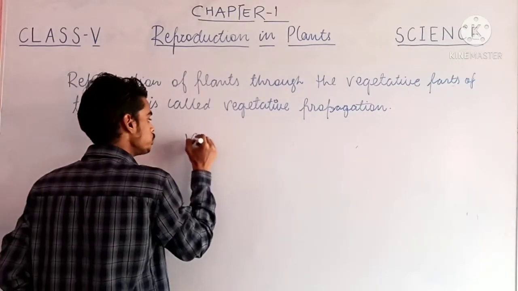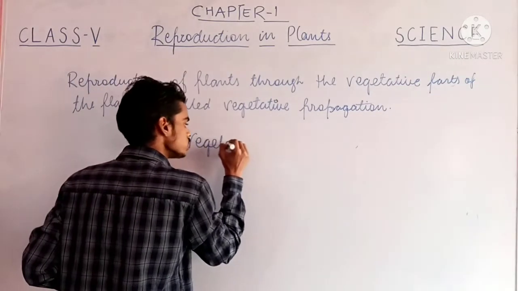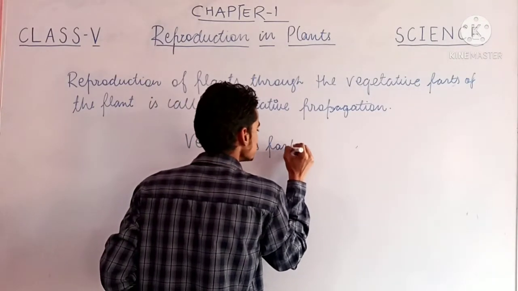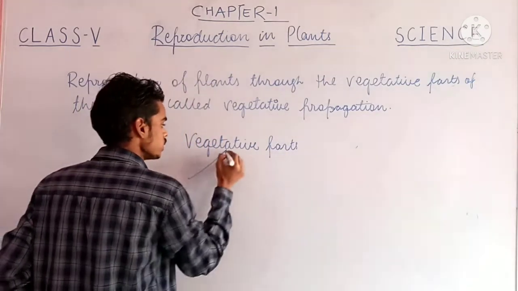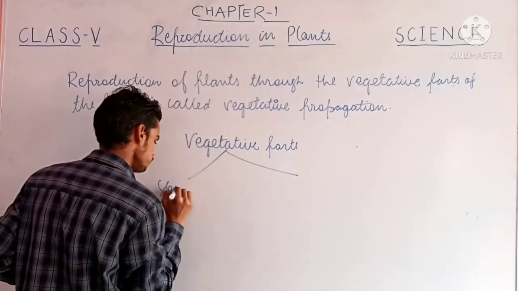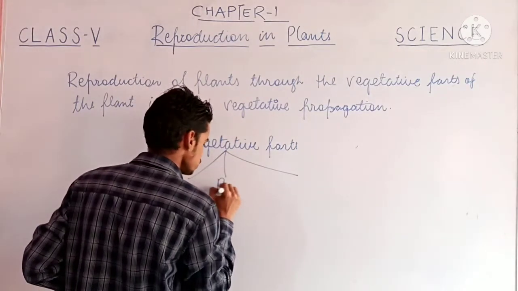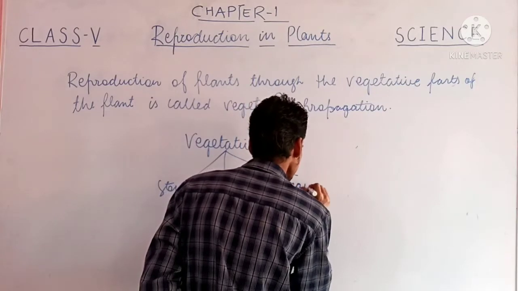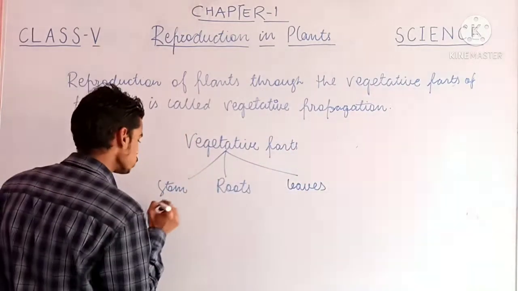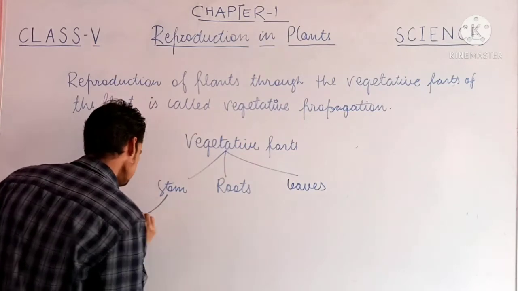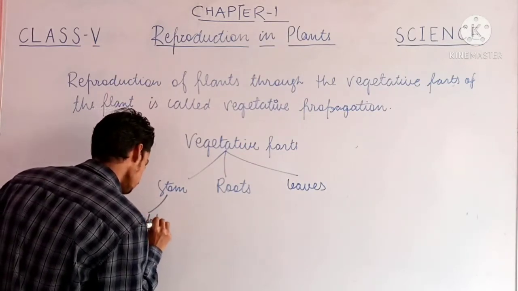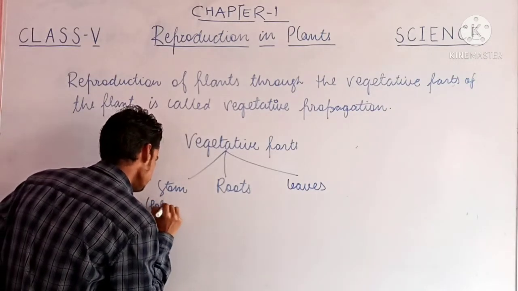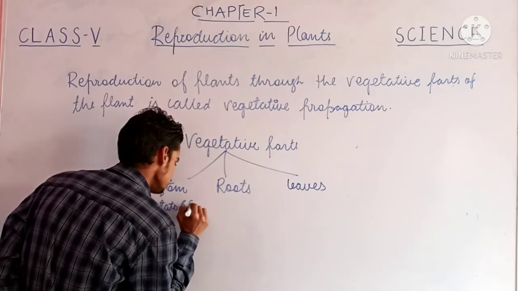The vegetative parts of plants are of different types, like stem, roots, and leaves. Plants that grow through stems are potato and ginger.